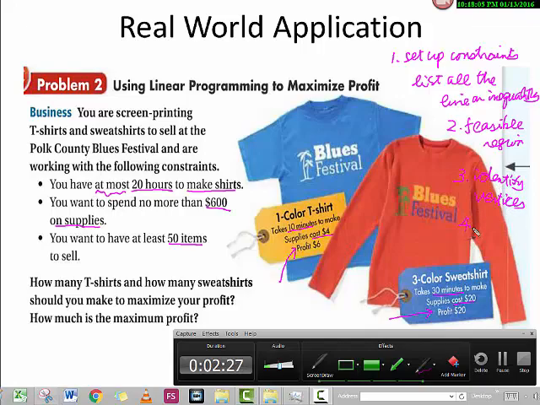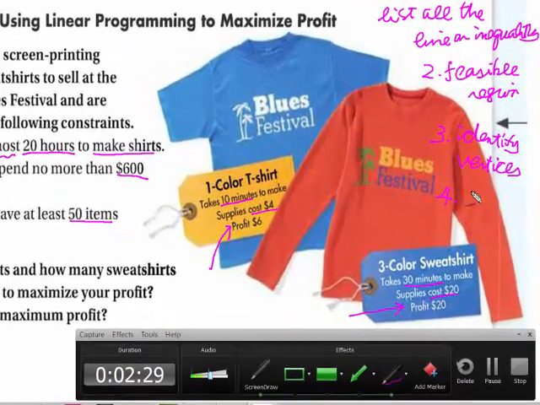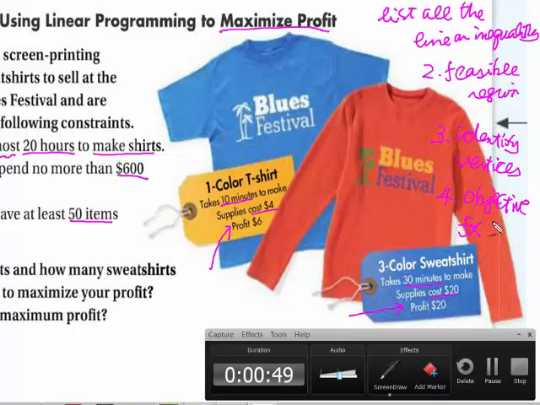And then fourth, you also have to come up with your own objective function. Your objective function this time is to maximize the profit. Then based on the objective function, evaluate each vertex and try to find the maximum value.